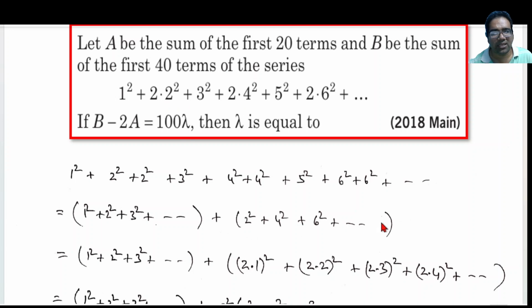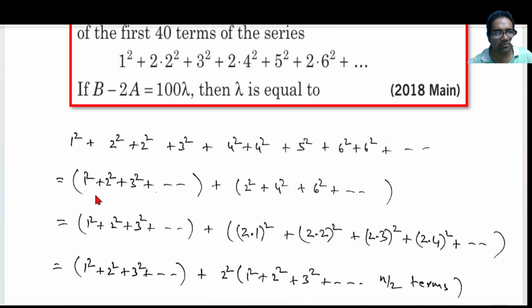If this one has 20 terms, this one will have 10 terms. If this one has 40 terms, this one will have 20 terms. We are just rewriting, rearranging the series.